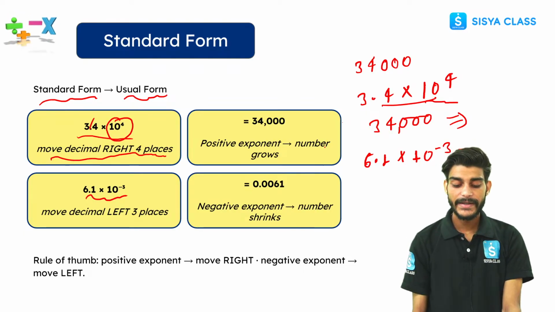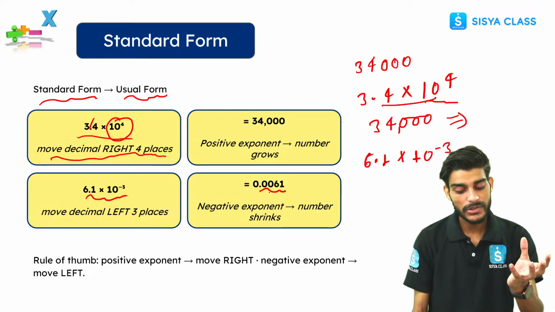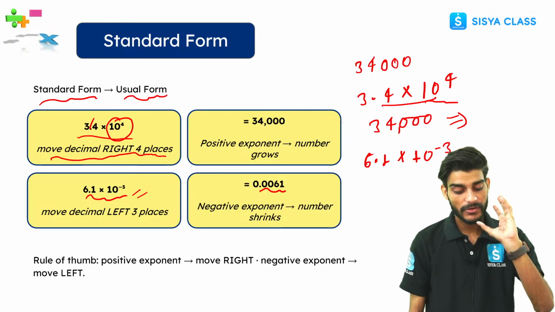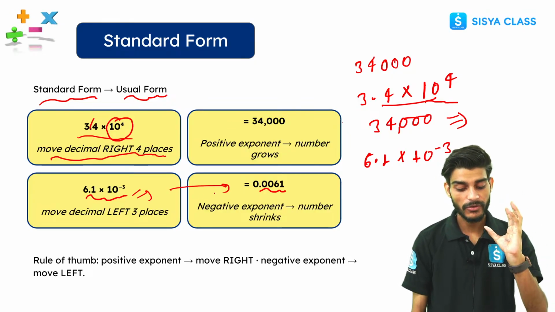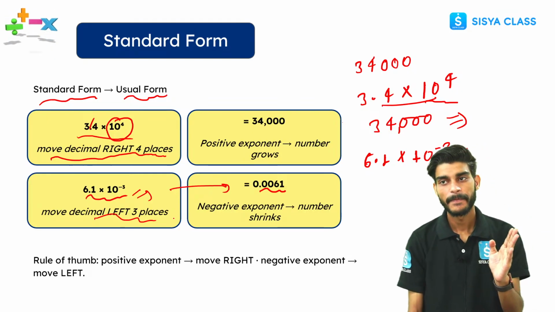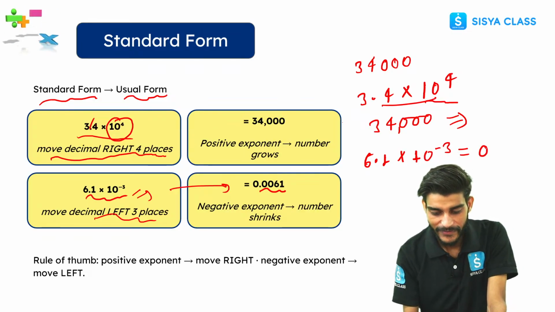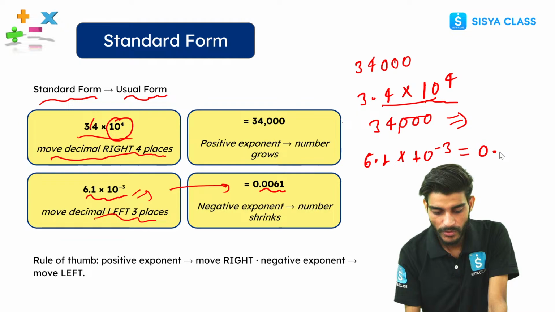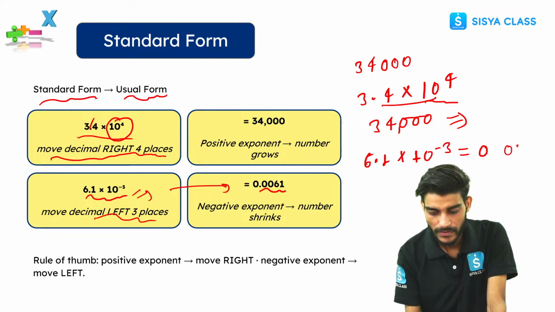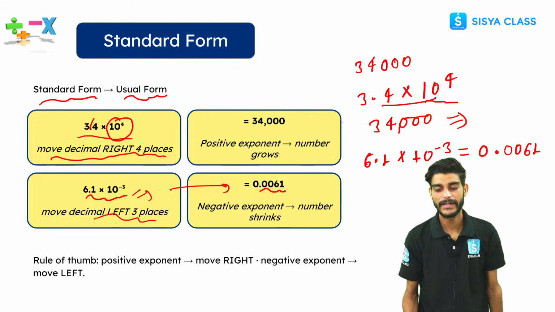How will I write it from the standard notation into the usual notation? I'll move the decimal left 3 places. Left 3 places means, if I write this as 0.0061.